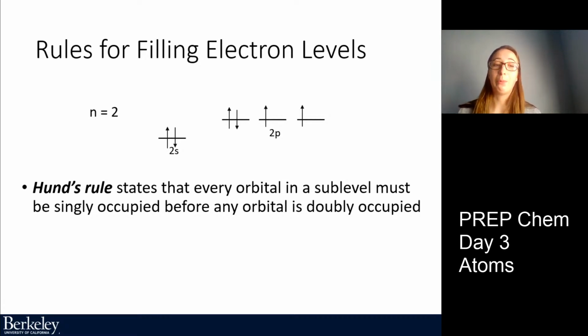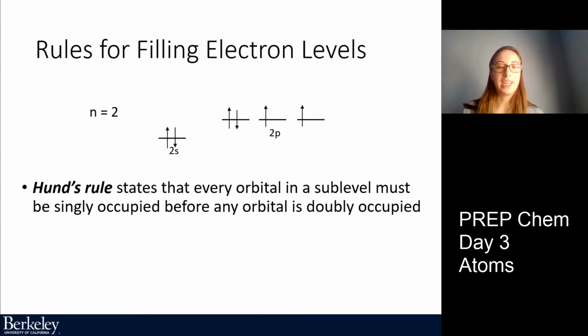The main takeaway that we want from this slide is to know that electrons fill from the lowest energy level to the highest energy level. So that means that the lowest energy levels are going to be populated first. And then we're going to start adding electrons into the higher energy levels, just because this is the most stable configuration.